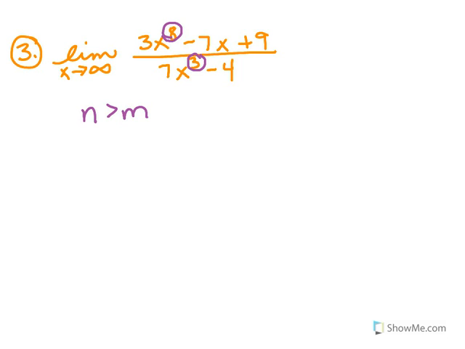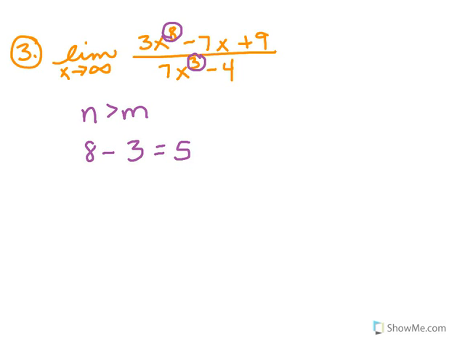Now, there are two different cases of n being greater than m. In this case, n happens to be 8 and m happens to be 3. When I take the difference of these two, it gives me an odd number. If you remember from pre-cal, there's a difference between odd and even functions and what happens when they go towards infinity.